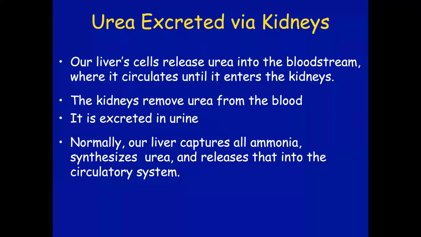When your kidneys are functioning well, you have no problems with this. When your liver is functioning well, you have no problem with capturing all of the ammonia that might be floating around. So normally, a healthy liver will trap all that ammonia, turn it into urea, and release that into the bloodstream, which will then travel off to the kidneys, as I said, and get excreted.